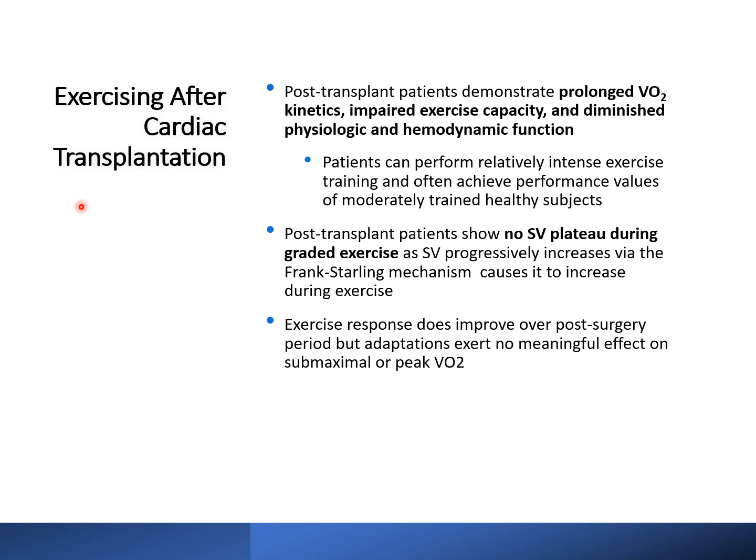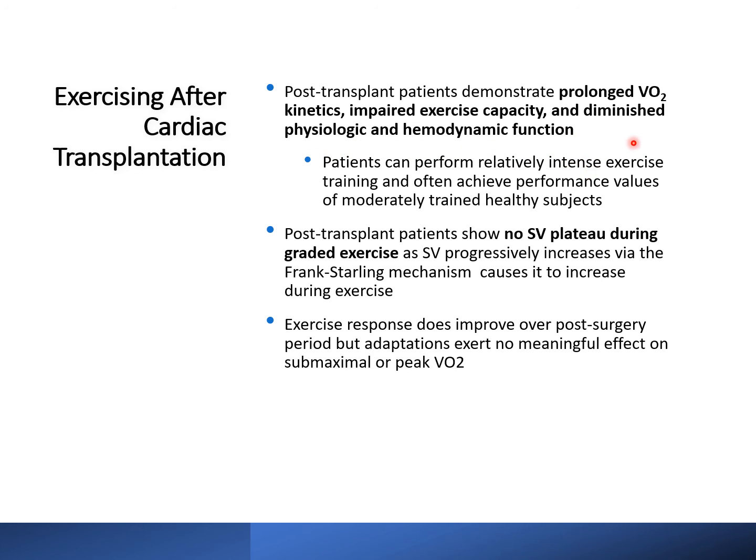So now we're going to talk about a bit more pathological exercise. So this is exercise after a heart transplant. Usually people who have had a heart transplant have a prolonged VO2 kinetics, impaired exercise capacity, and diminished physiologic and hemodynamic function.